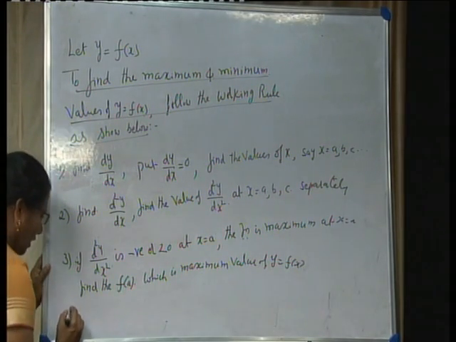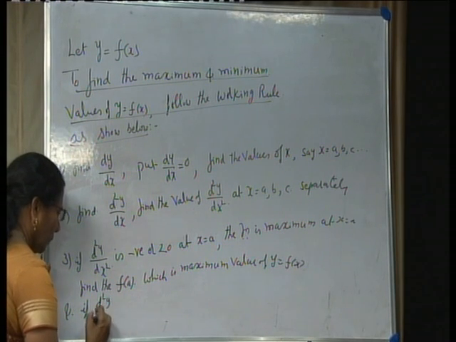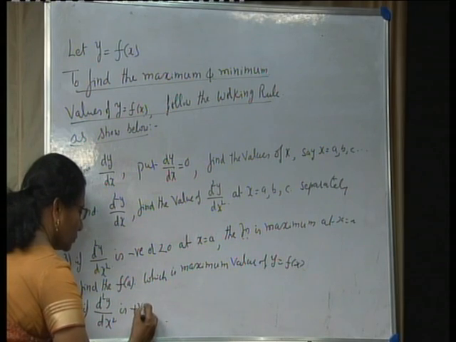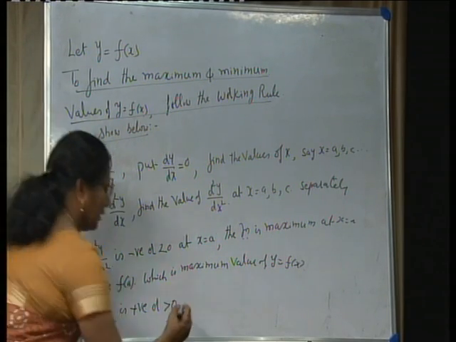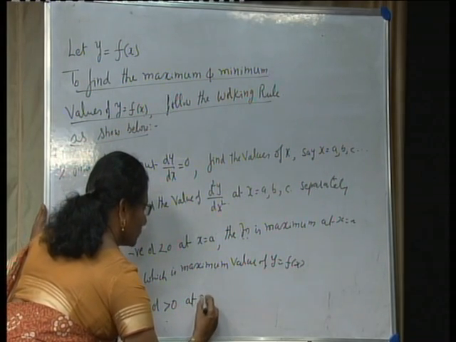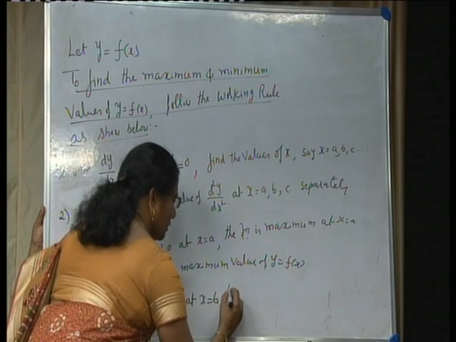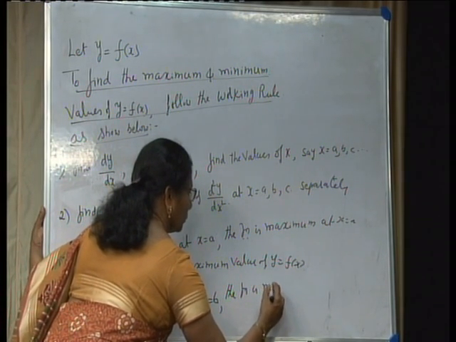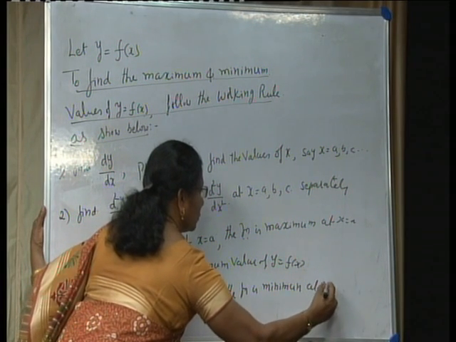And if d squared y by dx squared is positive or greater than 0 at x is equal to b, the function is minimum at x is equal to b.